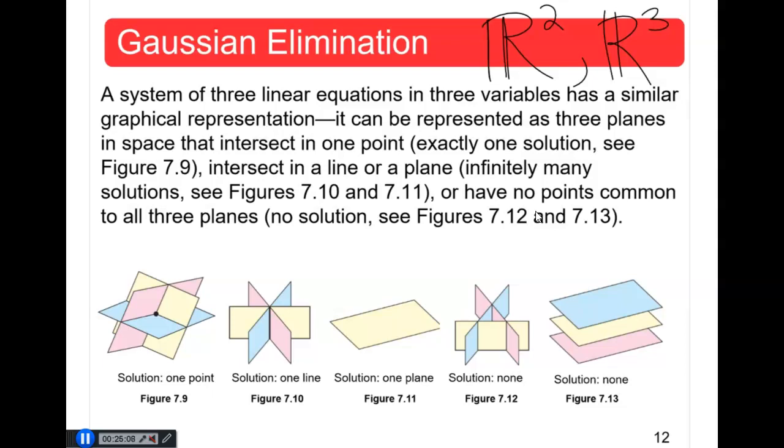And imagine that in R2 you have lines, right? And so in R3 you don't have lines, you have planes, not airplanes, but like a sheet of paper, or like your wall or the ceiling. And so that is what we have instead of lines. So you can see here, let's start with no solution.